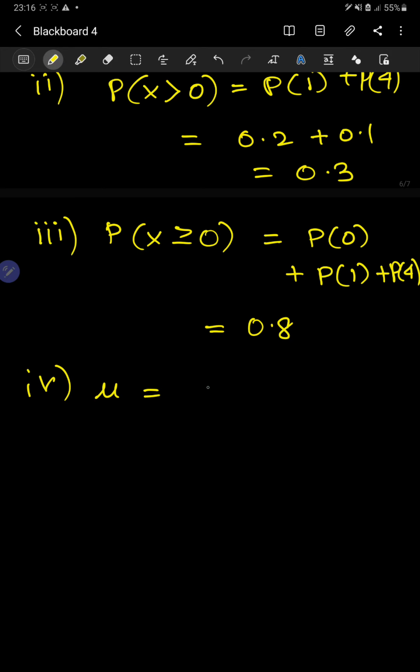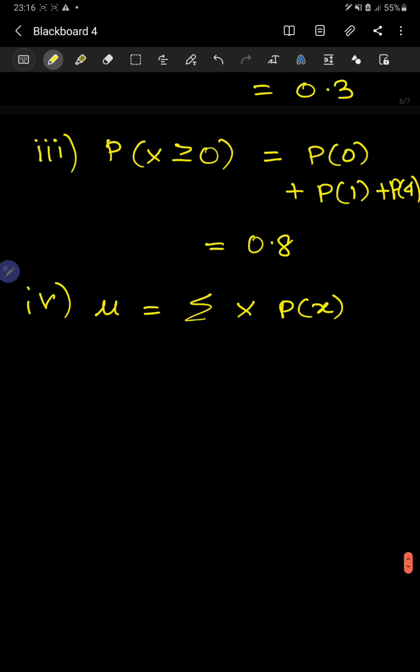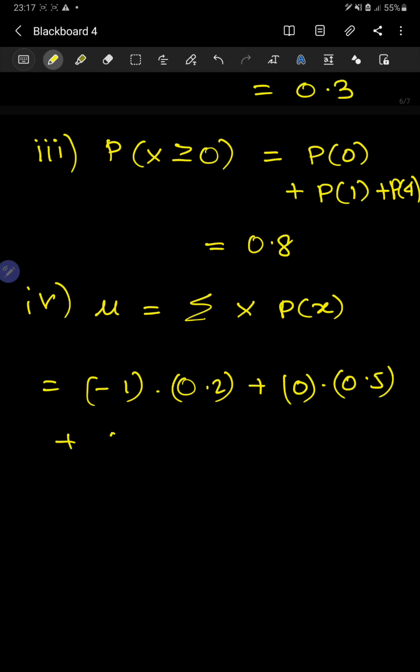That is an 80% chance that our value of x will be greater than or equal to 0. So the mean is defined as something like this. If we do it, -1 times 0.2 plus 0 times 0.5 plus 1 times 0.2 plus 4 times 0.1.